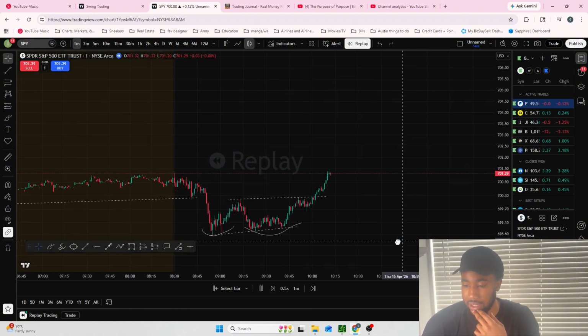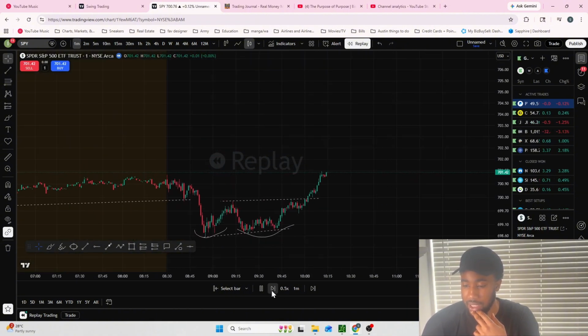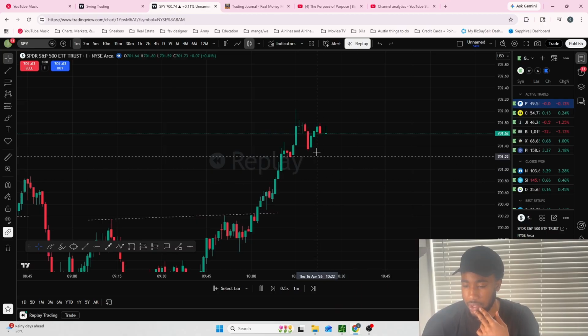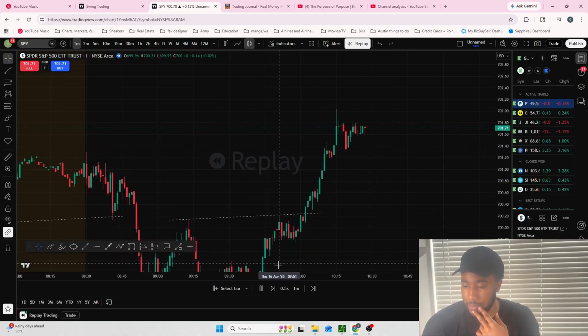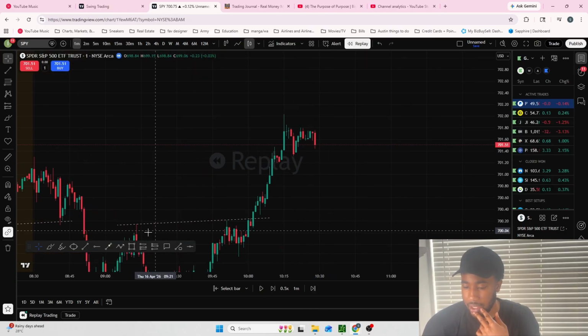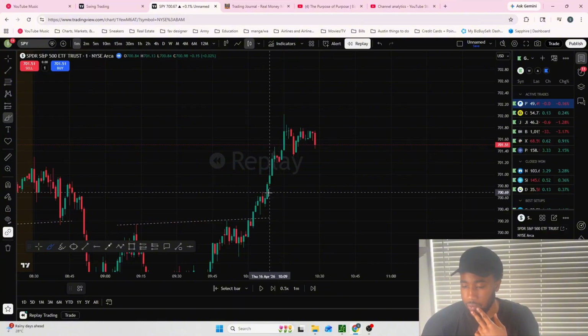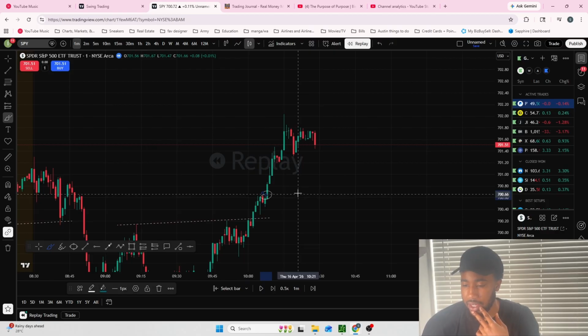And we kind of get to see this just rock out. So it makes a new all-time high. I end up getting in probably around this point, that area, and getting out very close to the highs.